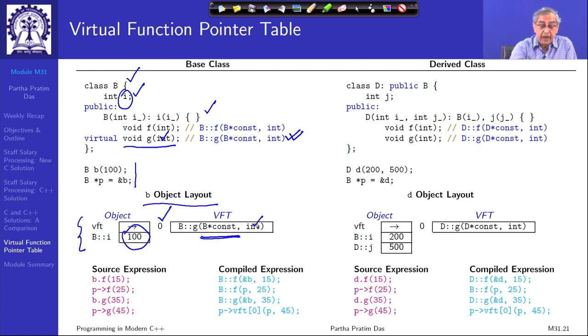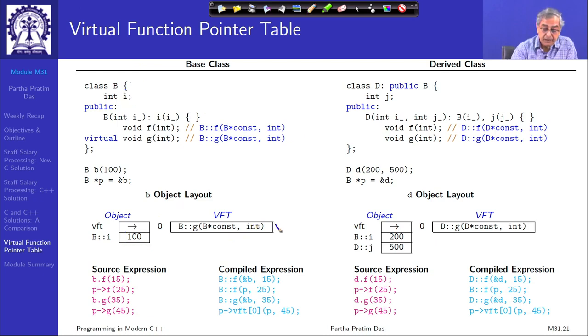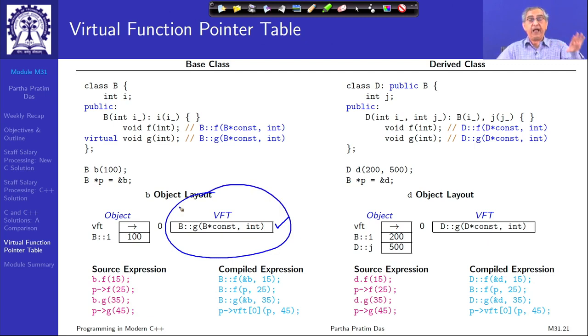So, here in the virtual function table I have this entry, and the point to note is that this particular virtual function table entry does not vary with the instances of objects. Every instance of the object will have the same virtual function, because there is nothing specific to the object here. It is all specific to the class and the virtual function name and signature that we have specified. So, this is the basic structure.